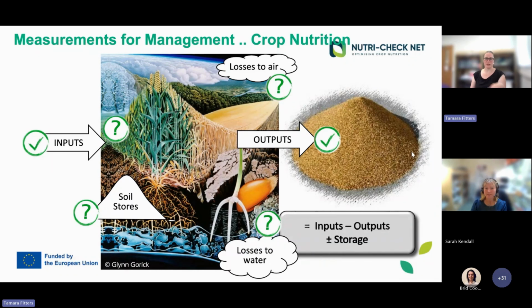So then we can calculate everything, and we know what we have because our inputs minus the outputs, plus or minus the storage, depending on whether there's a deficiency or an excess, will give us exactly what's there. So this can greatly help us sort out our planning for the next season.